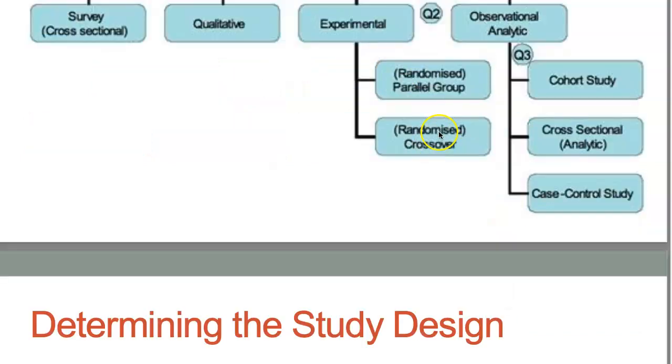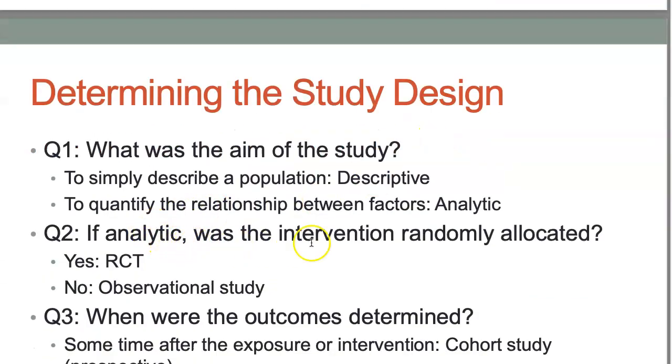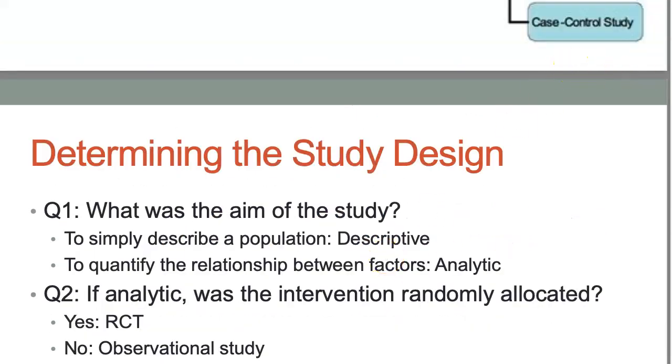Question 2, under analytic: was the intervention randomly allocated? What that means is, were the participants put into the control group, experimental group 1, experimental group 2, randomly? If yes, it's a randomized controlled trial. If they were not randomly allocated to the experimental group, then it's an observational study.